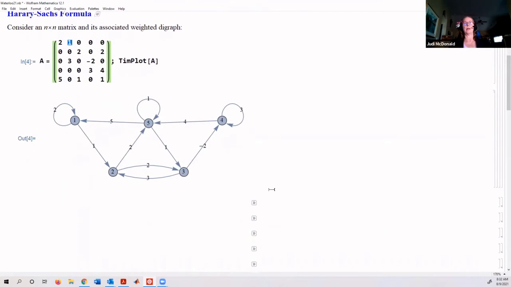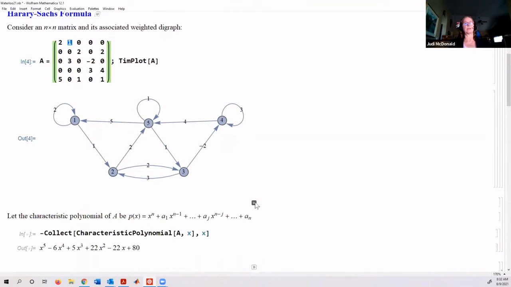And now I can go ahead and try to link this to the characteristic polynomial. I'm going to label my characteristic polynomial so that the coefficient of x to the n minus 1 is a1, the coefficient of x to the n minus 2 is a2, and aj is going to be the coefficient of x to the n minus j.